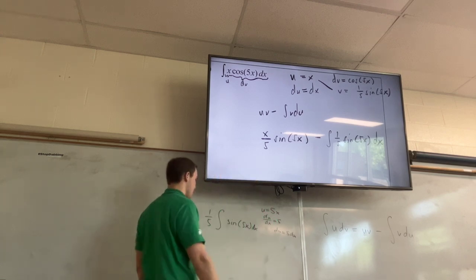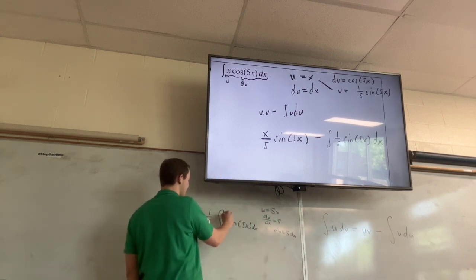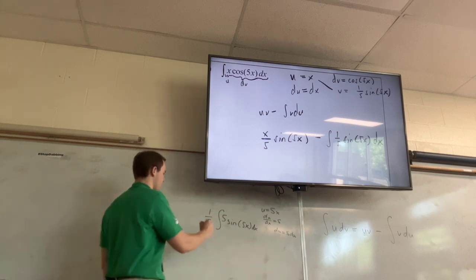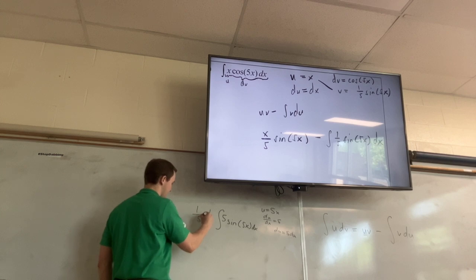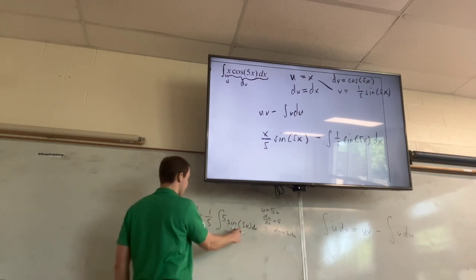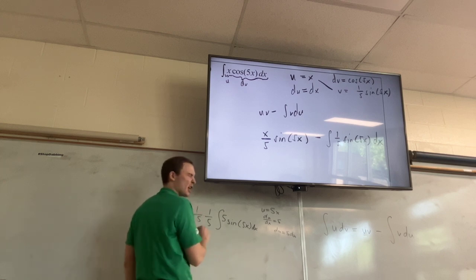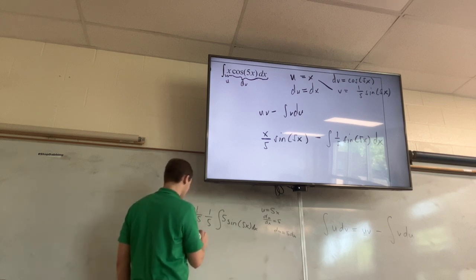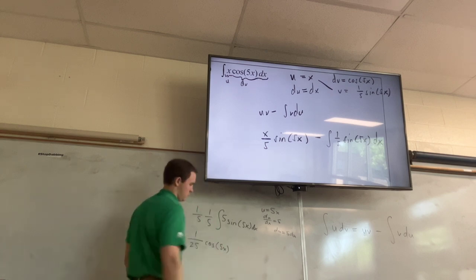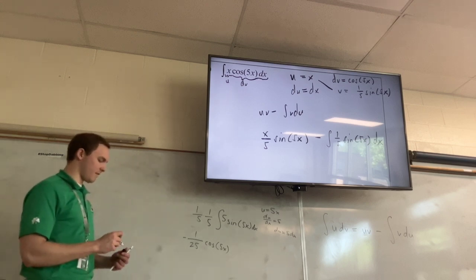I need there to be a 5 here. When I put that 5 in, I've got to put another 1/5 out here to compensate. What's this antiderivative give me? Negative cosine 5x. So negative 1/25 cosine 5x plus c.